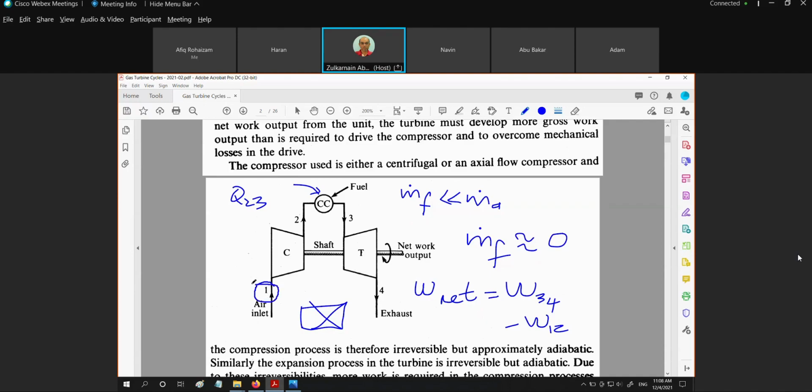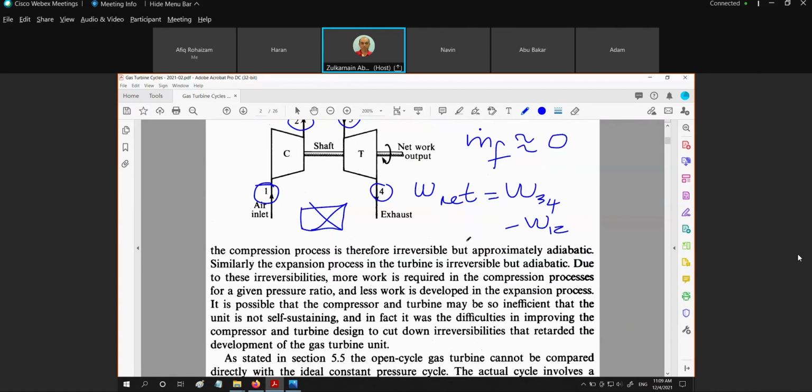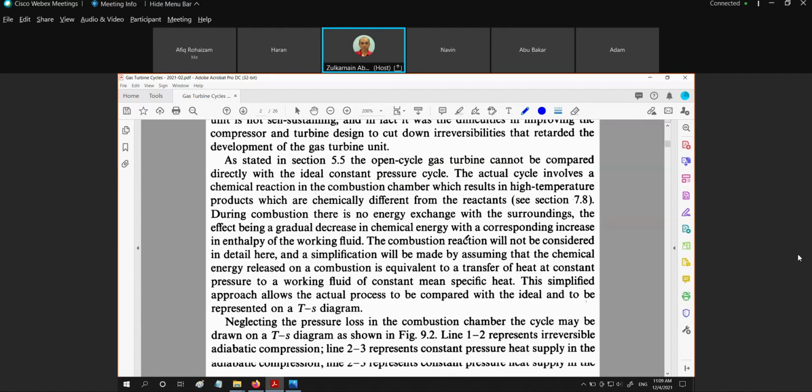State 1 usually refers to the ambient condition, P ambient, T ambient. T2 we get from the isentropic or reversible adiabatic compression process. T3 is usually given and depends on the type of fuel we use. T4 is based on the expansion process, which we assume to be isentropic expansion, so S3 equals S4. That is how we look at the SFEE and how to evaluate this case.